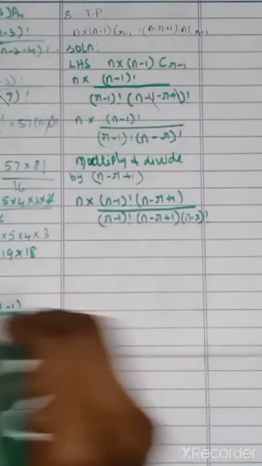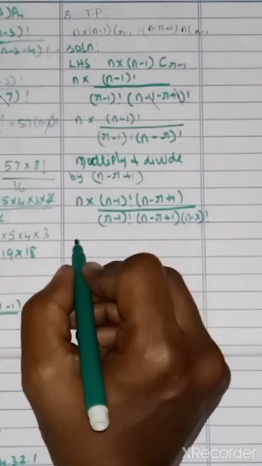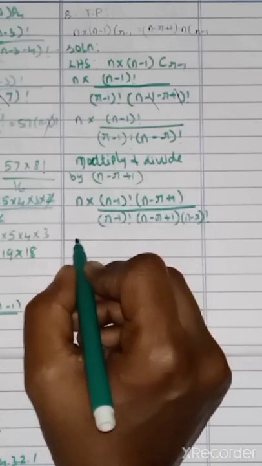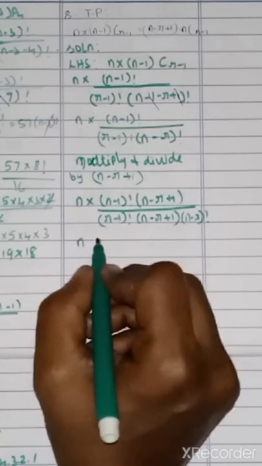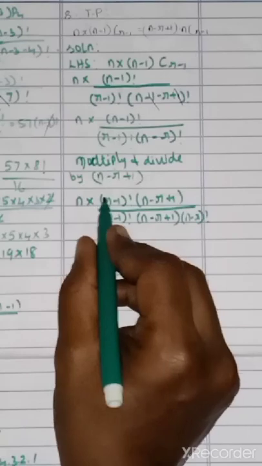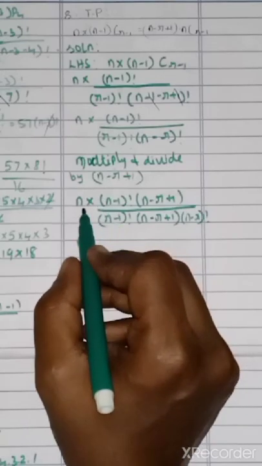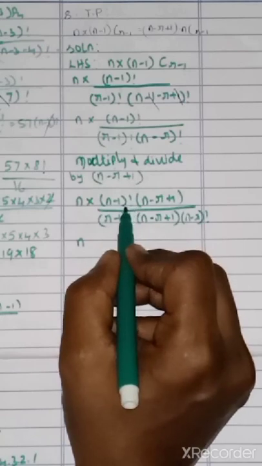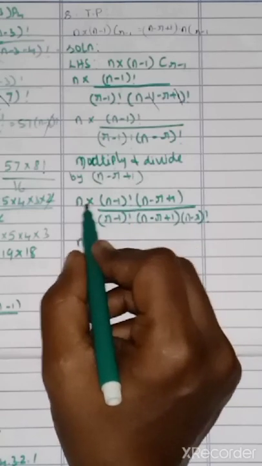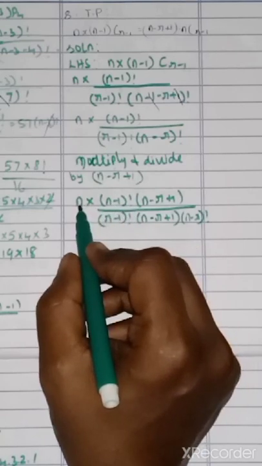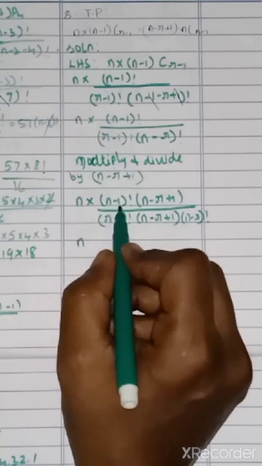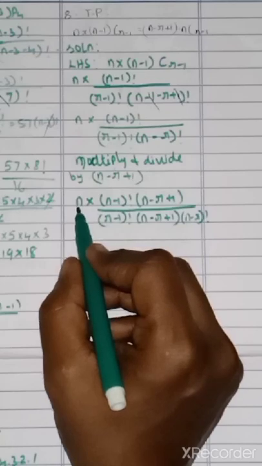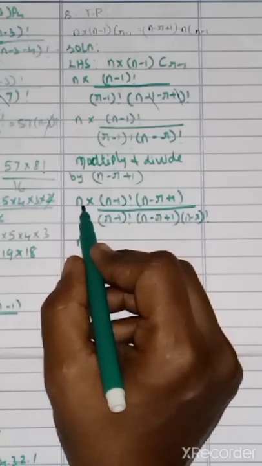Is that okay? Now again this we can take as n into, okay, look at here. This one, n into (n minus 1) factorial. Suppose n is 10, then n minus 1 is 9 factorial, and 9 factorial into 10 you can take as 10 factorial, correct?